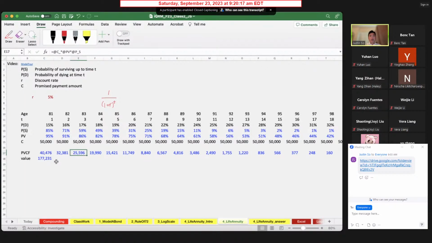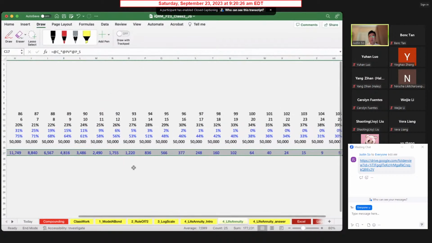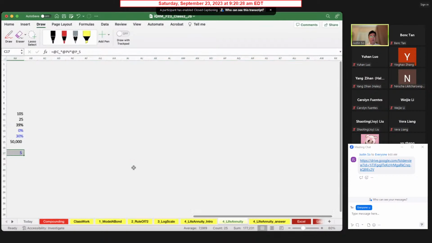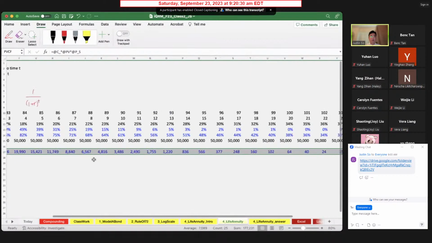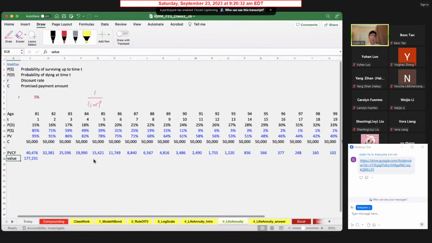So total value for this life annuity is you adding all of this present value. If you add all of these, it actually becomes this.